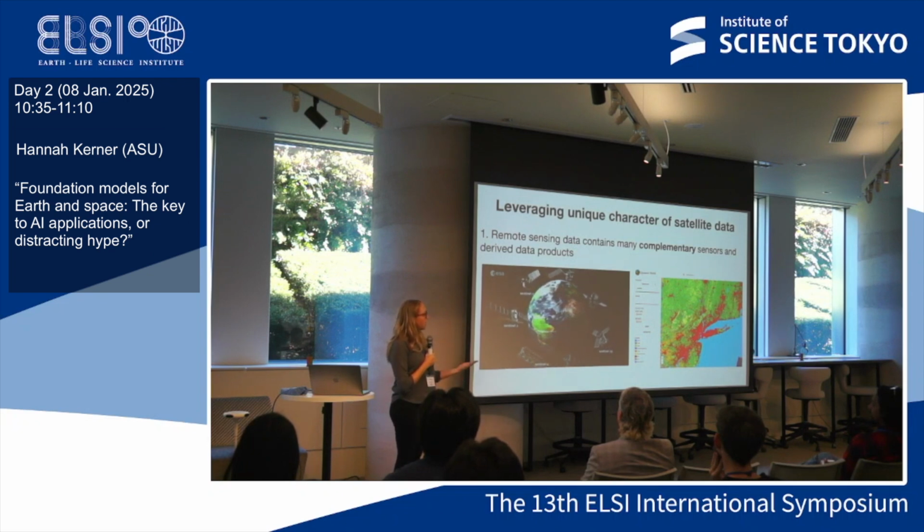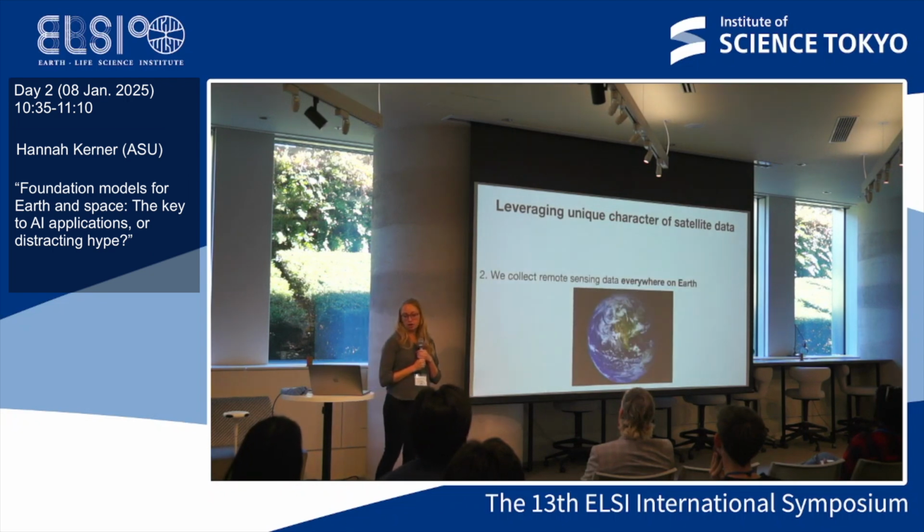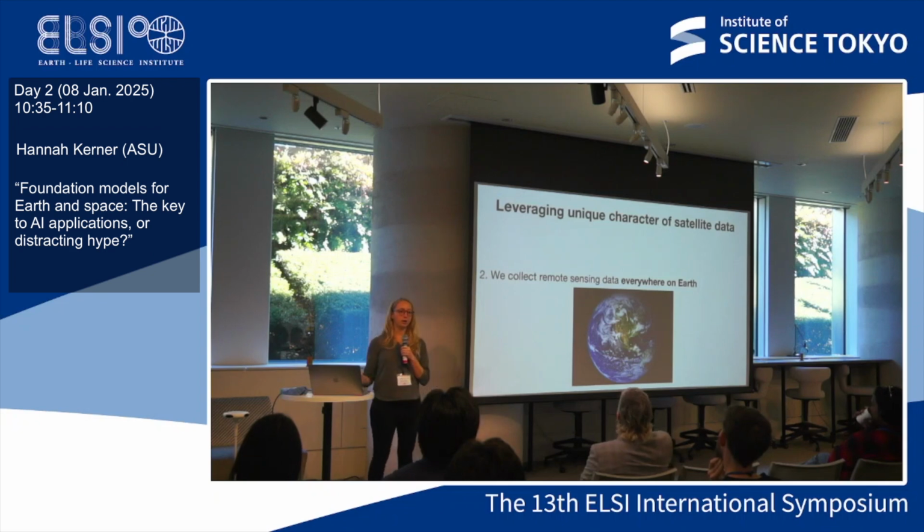And we also have all of these derived products that people have been creating for decades, like forest height maps or land cover maps, elevation maps, DEMs, all these different things that are just available to learn from. And on Earth, we collect, for most data sets, these data everywhere. So we have complete coverage over the entire Earth for most of these satellites and derived products.